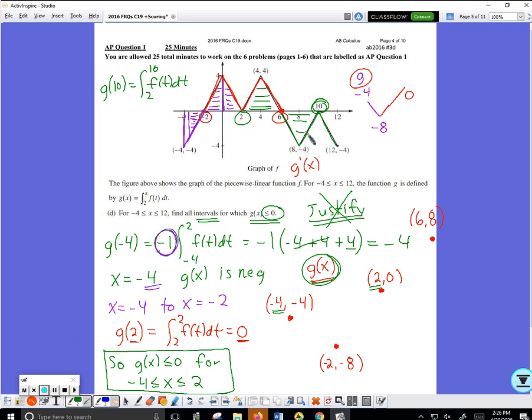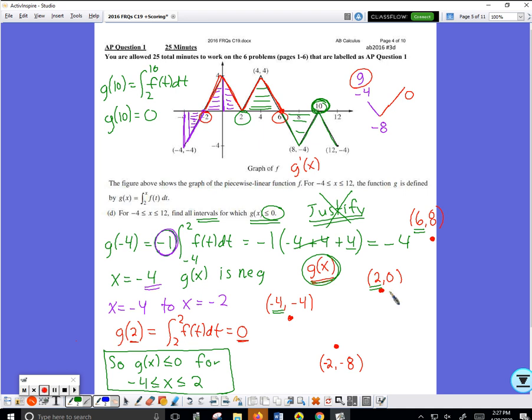So G of 10 is going to equal 0. So now I've figured it out. So starting at x equals 6, G goes down. And when we get to x equal 10, that's when the value of G is 0.